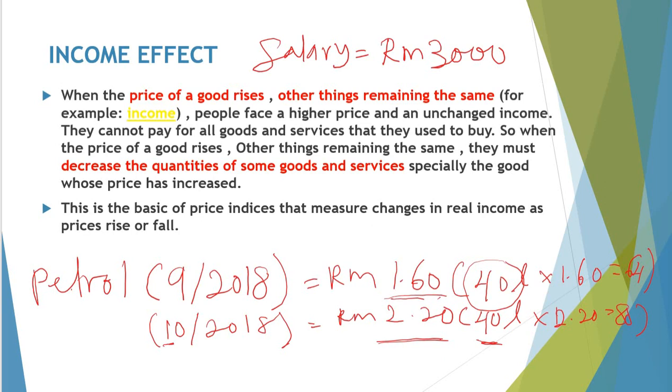Ini menunjukkan bila harga barang tu meningkat, awak akan dapat less real income. Sebab barang yang sama tapi value dia berbeza tapi gaji awak sama. Jadi real income awak akan menurun. Harga duit awak akan menurun.